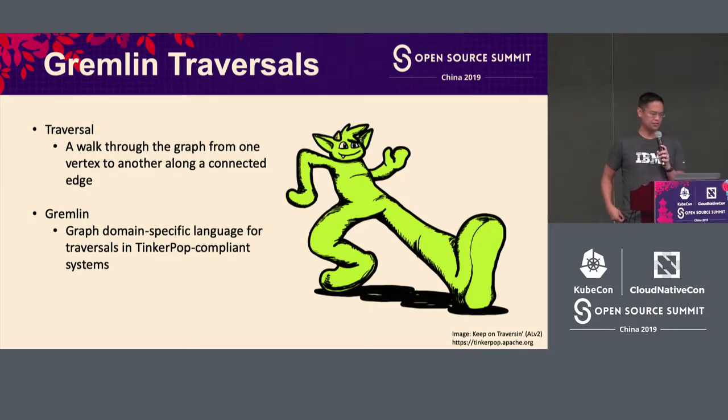So we talked a little bit about the graph structure before. Now, Gremlin is a domain-specific language for graphs. It defines how you would walk from one vertex to another along the edge. So that's what a traversal is. And Gremlin, you've seen his character. He's part of the documentation actually from Tinkerpop. I didn't mention before, but I'm a PMC member on Apache Tinkerpop.